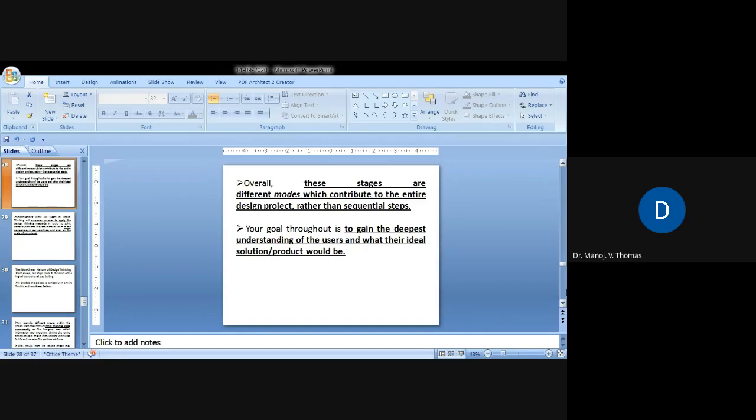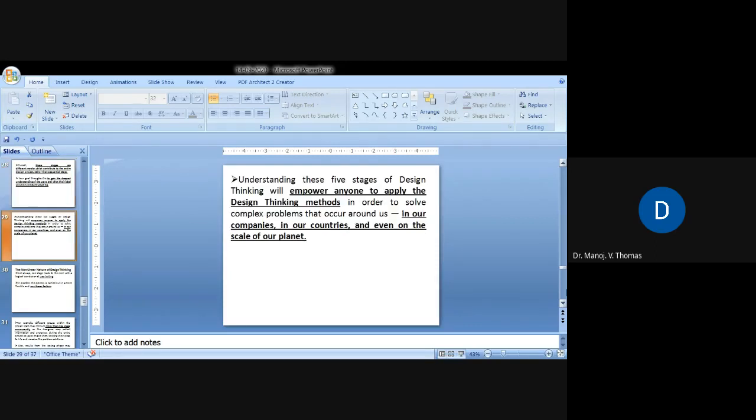Only when you have a better understanding of the users can you think of a better or successful product, because ultimately our aim is to launch a product into the market that will be a huge success, and our revenues will be largely increased. That is the purpose of designing a product, at least in the competitive world.